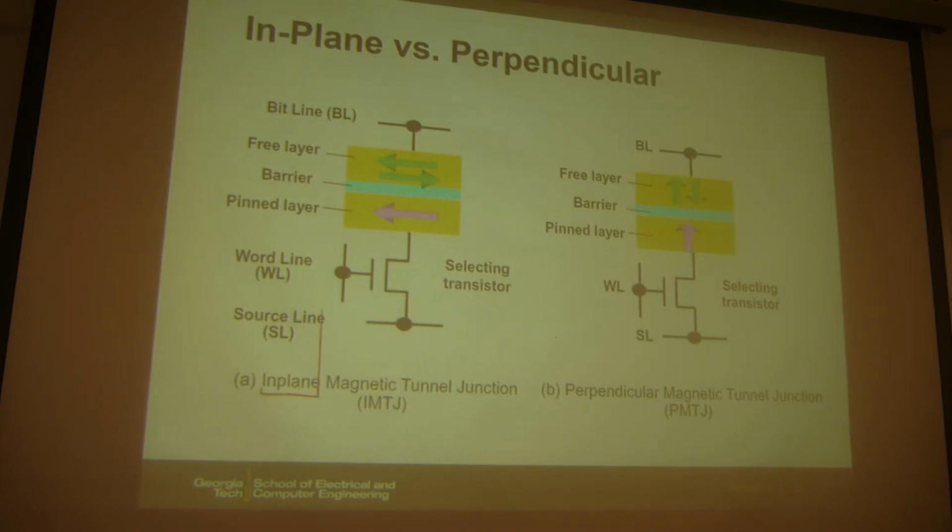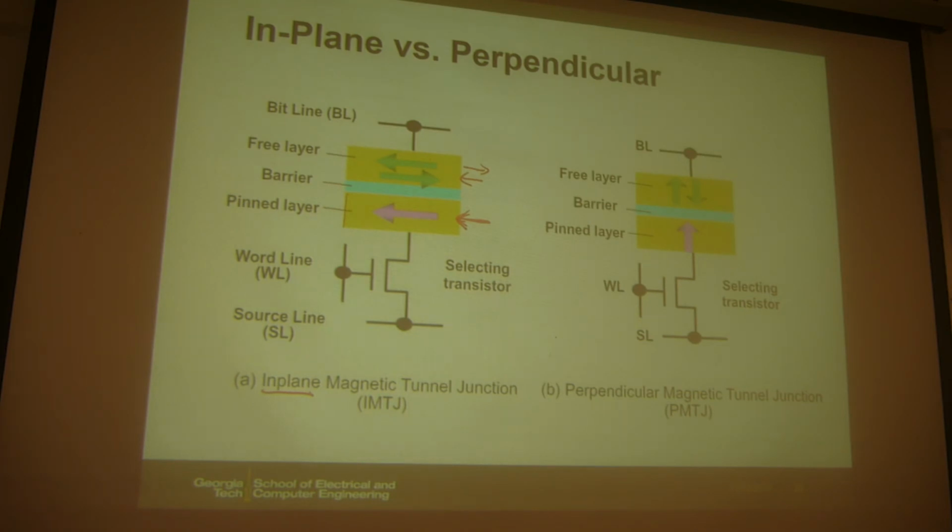This is what we showed before. In this structure, the magnetic orientation is in plane with the structure, because this is a thin film and it's just horizontal like this. This is the pinned layer, and the free layer can point to the left and to the right. So this is what we have talked about so far.